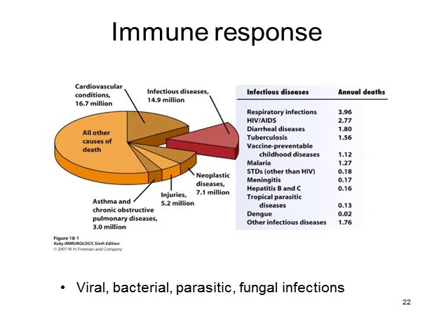Compare that to 7.1 million due to neoplastic, i.e. cancer, 5.2 million due to injury, 3 million due to asthma and chronic obstructive pulmonary diseases, 16.7 million due to cardiovascular conditions, with all other causes of death, however weird and varied, taking up the rest of that pie chart.